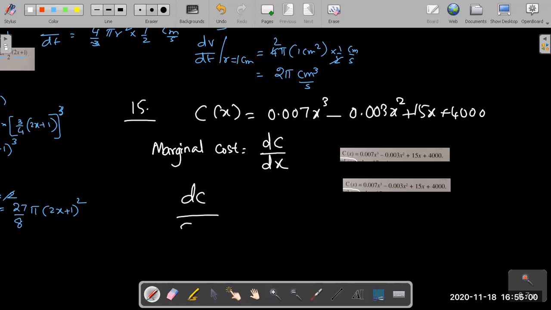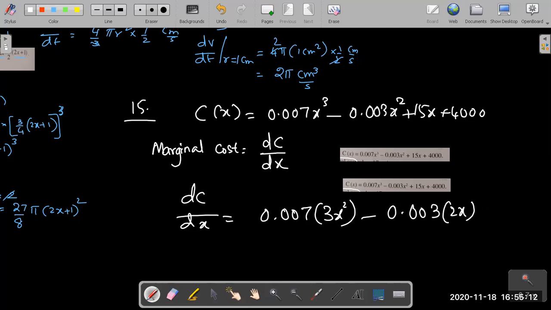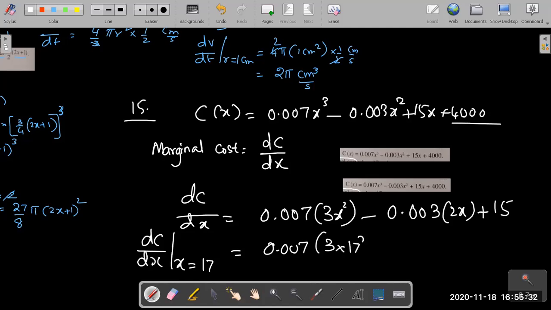So dc by dx equals 0.007 into 3x square minus 0.003 into 2x plus 15. This one is 0. This is the marginal cost. He said find the marginal cost when 17 units are produced. That means x is equal to 17. So simply substitute: 0.007 into 3 into 17 squared minus 0.003 into 2 into 17 plus 15.